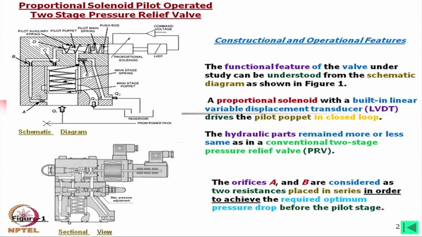Suppose you have used A and B orifices with a particular diameter, then you find for 0 to 10 voltage or maybe current, 0 to 10 milliampere, it is not in the range of ampere. Within that range, suppose it is working for 0 to 10 megapascals, but if you change this orifice, depending on the restriction here, it may change to say 0 to 5 or maybe higher, it is like that.